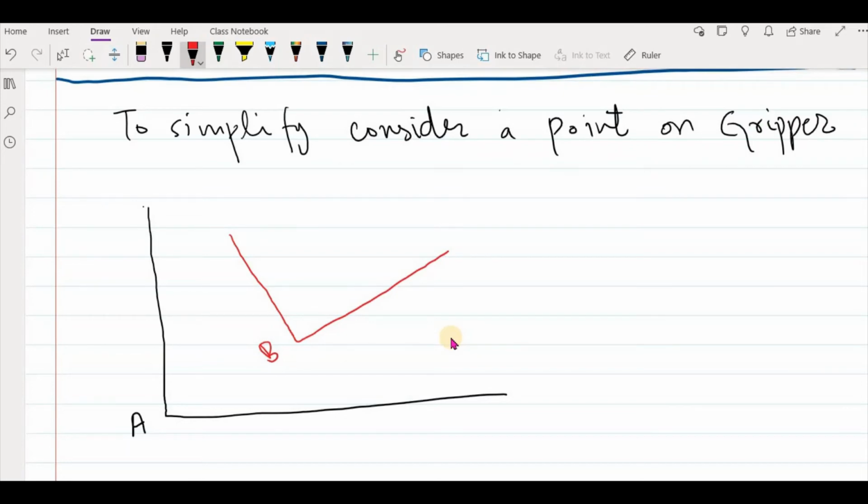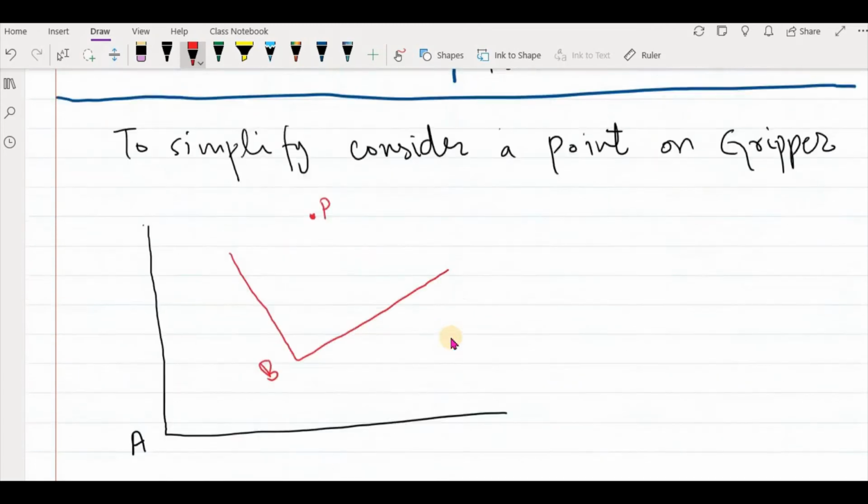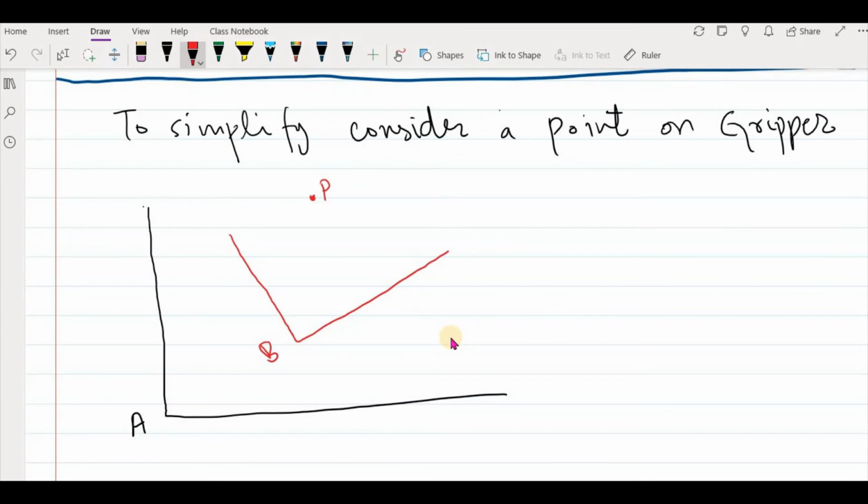So now we have two frames, and the origin of frame C, this point P, we take it here. So we just ignored frame C, and it simplified our calculations. Otherwise we have to take one more frame and things will get more complex.